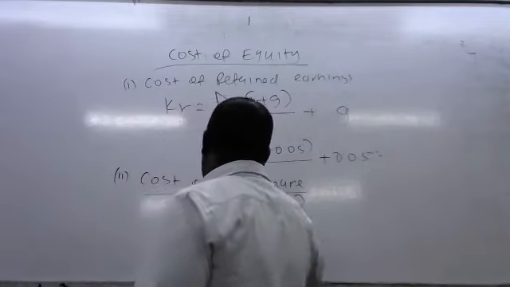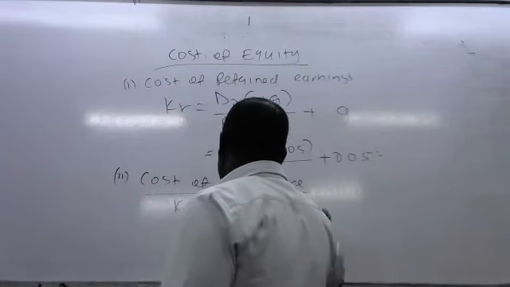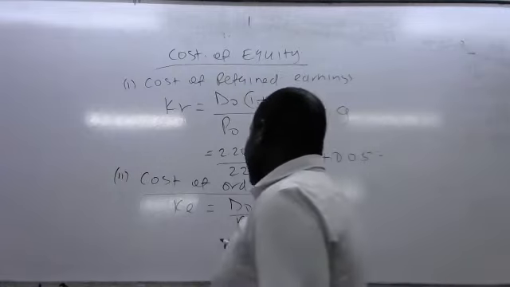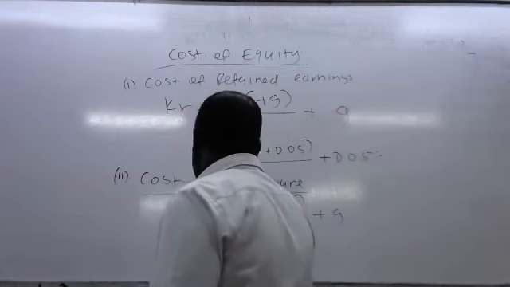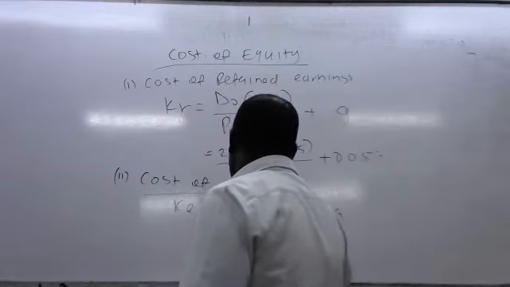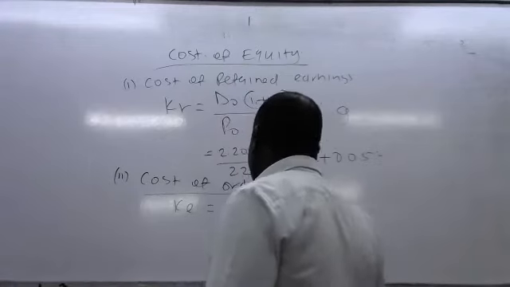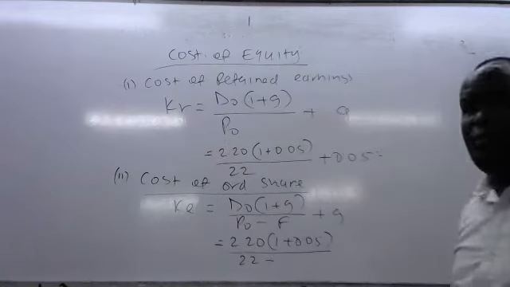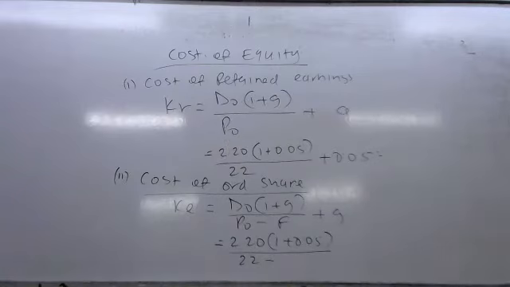So Ke will now be the cost for the ordinary share, but the same details for the retained earnings apply. The only difference is that now there will be flotation costs. So it will be 2.20 times 1.05 divided by P0, where P0 is 22 minus the flotation cost, plus 0.05.